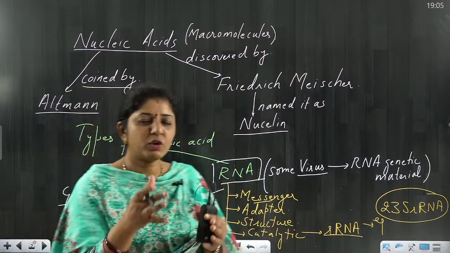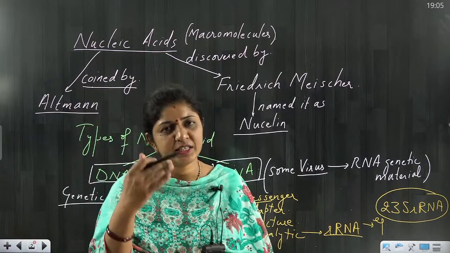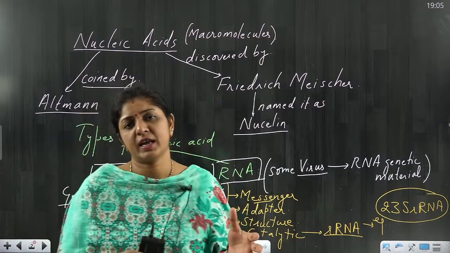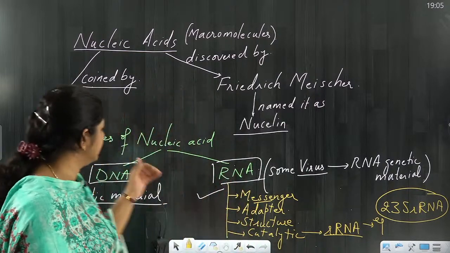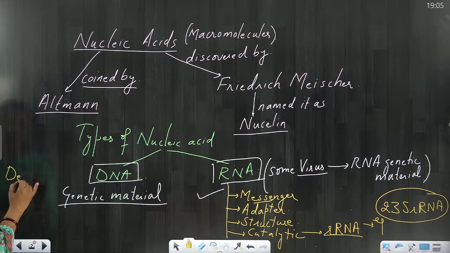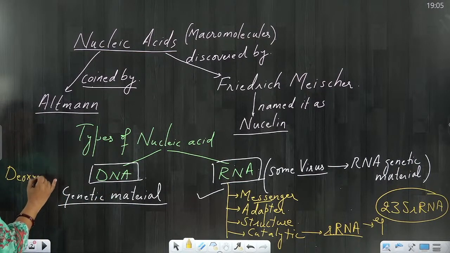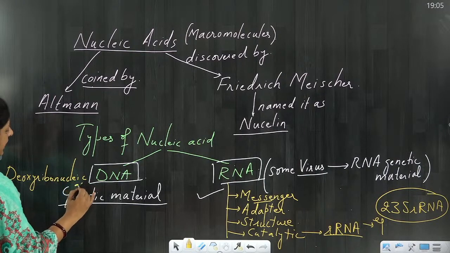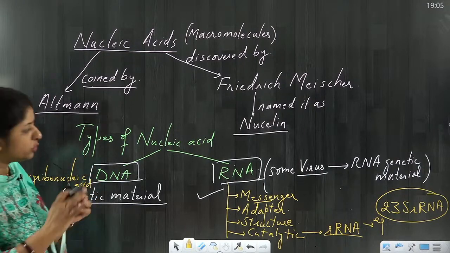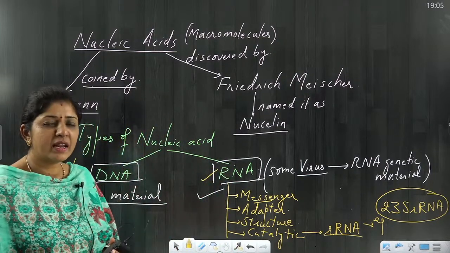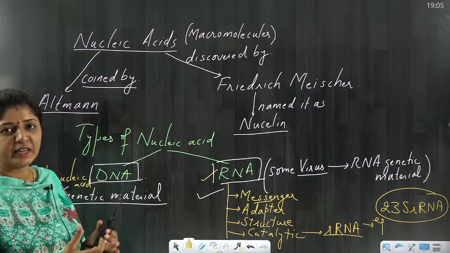Now coming back to our main topic, let's recapitulate this point. Can I say in all living organisms, what can be the genetic material? DNA, which you call deoxyribonucleic acid. In such organisms, do they have RNA? Yes, they have RNA. Then what is the role of RNA, if it is not the genetic material?